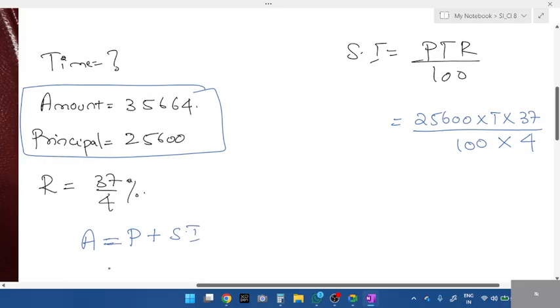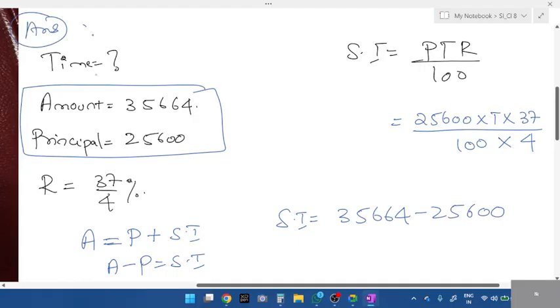If it goes to the other side, it gets subtracted. All of you will find simple interest first. 35,664 minus 25,600. Right? Write the same as what I've written, students. Put the answer, time. We need to find. Amount is given. Principal, rate. Completed.